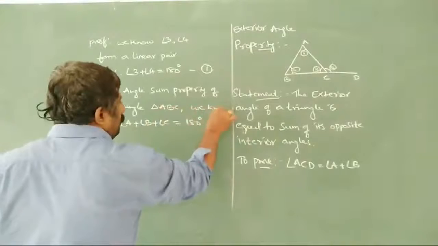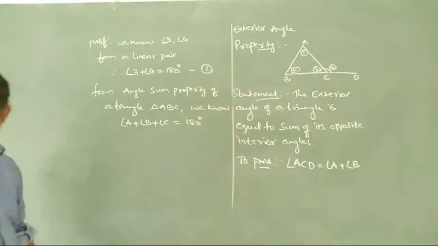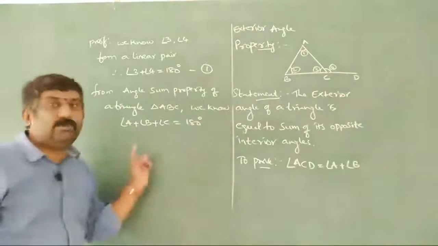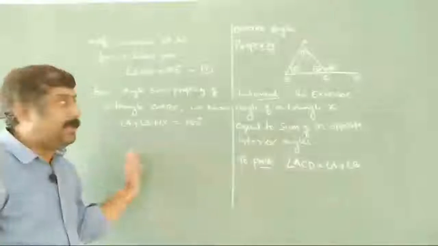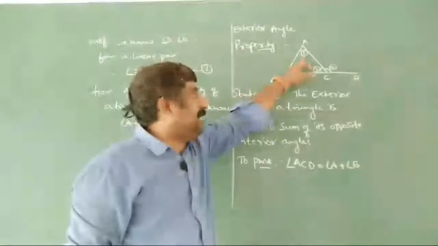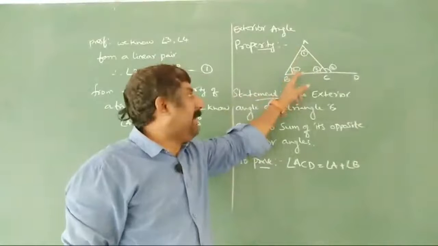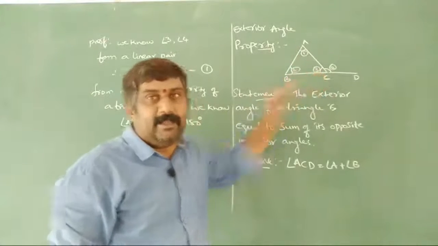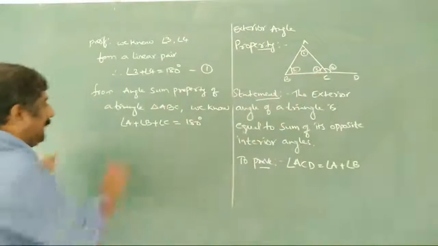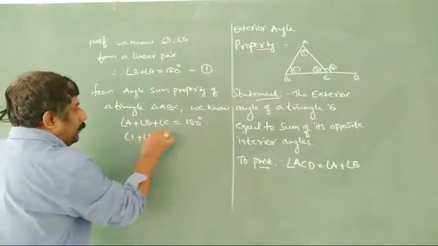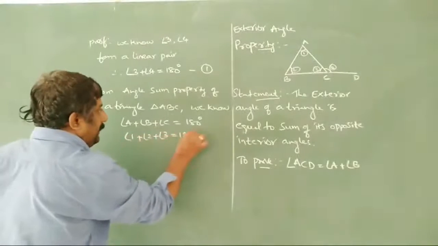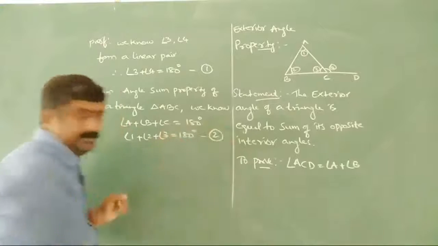Now at angle A, what is the angle we have here? Angle 1. At angle B, angle 2. At angle C, angle 3. So instead of ABC, we'll write angle 1 plus angle 2 plus angle 3 is equal to 180 degrees. Make this equation number 2.